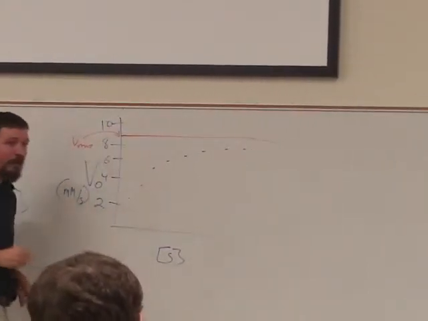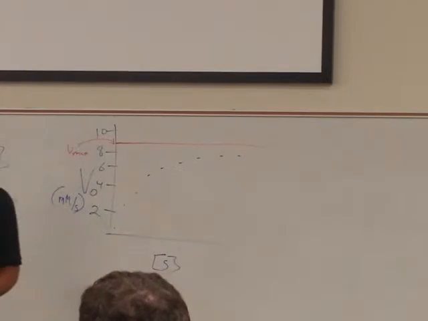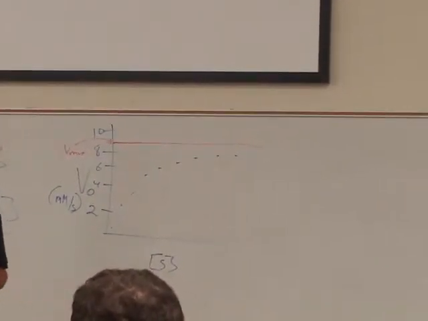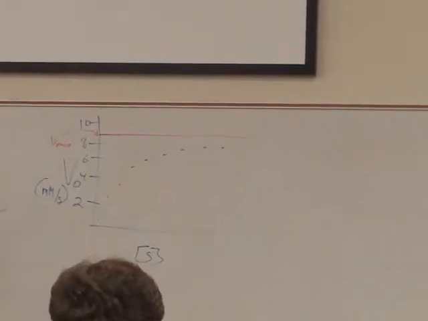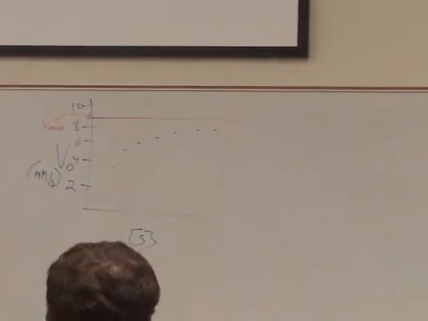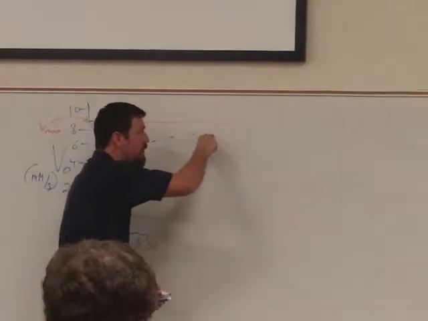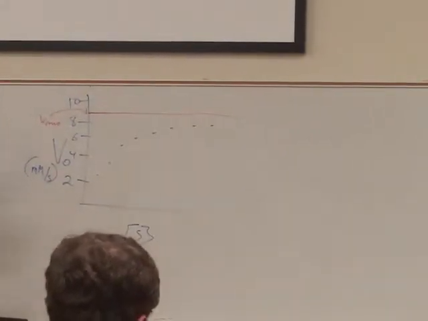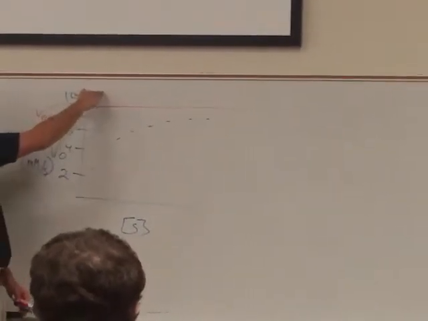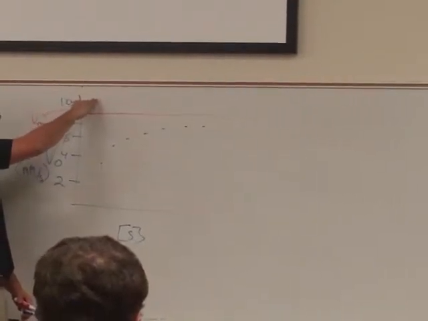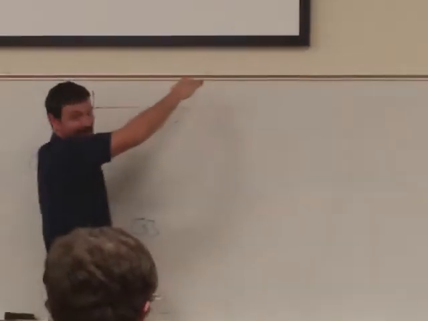And in this class, I'll probably see about 4 or 5 different Vmaxes, right? It's an estimate. It's a visual inspection. So your Vmax is going to be different than my Vmax, but remember, it's higher than where those dots end. It's slightly higher. Going up to 10 is not cool. That's way too high. Okay? It's slightly higher.